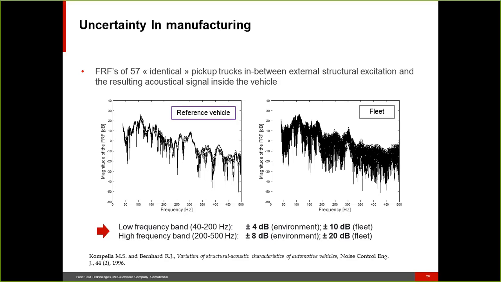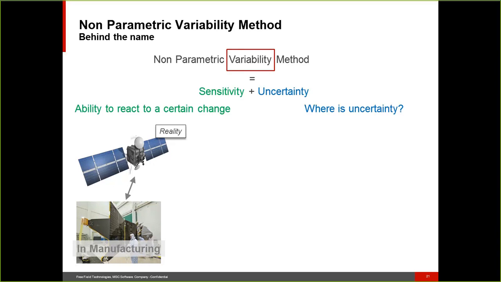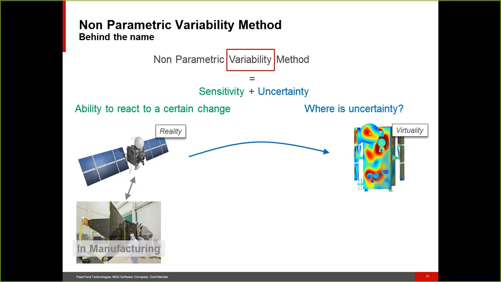Of course, for your application, manufacturing uncertainty will not be as important thanks to the high precision tools that are used. But uncertainty also occurs in the transition in between reality and virtuality. Indeed, during the virtual model building process, a first source of uncertainty will be the mathematical modeling.